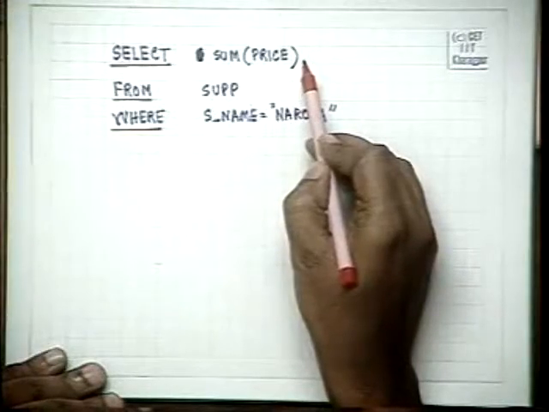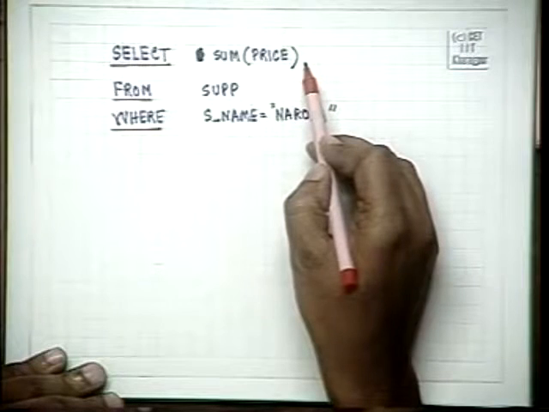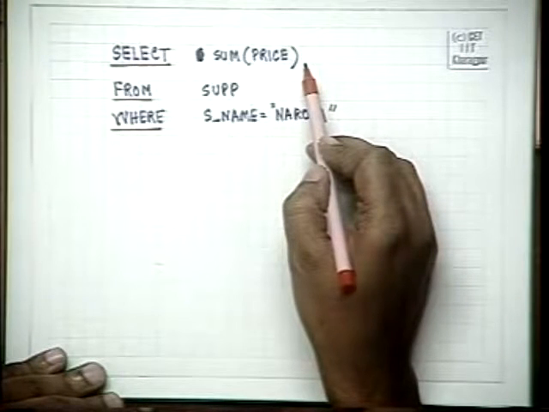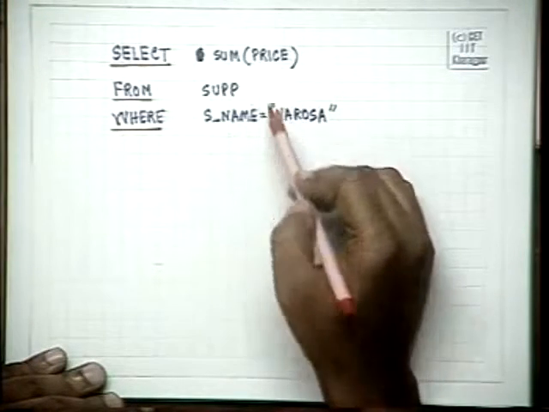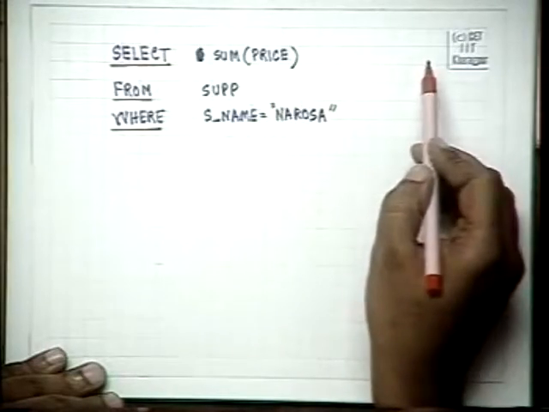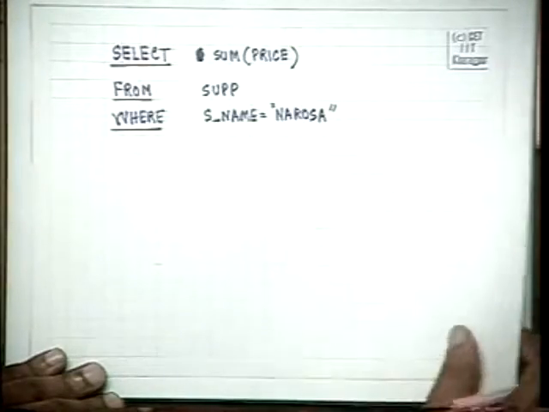If you want more attributes, if you want sum of 3 or 4 attributes, we will see how we will do.